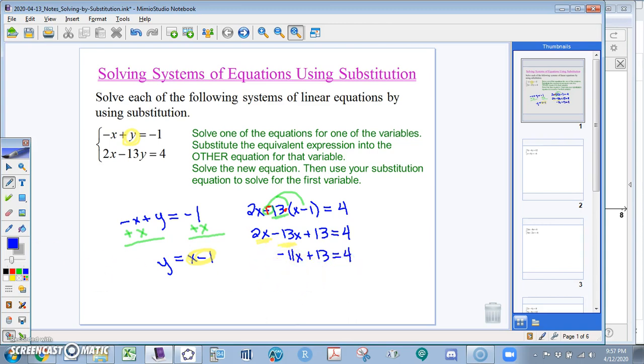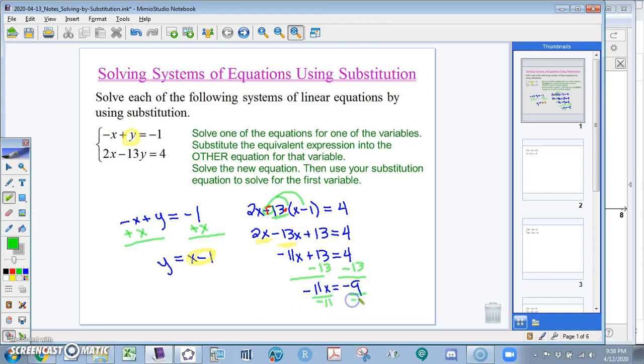So then I will go in and very simply subtract 13 from both sides, and that will give me negative 11x on this side, and on the other side it will give me negative 9.